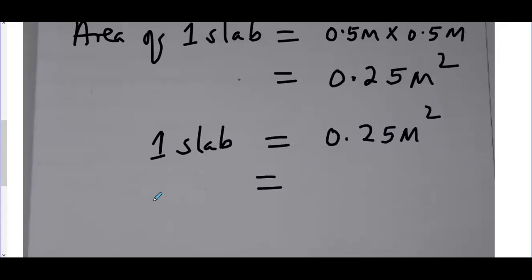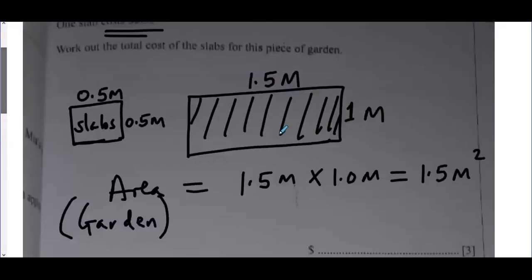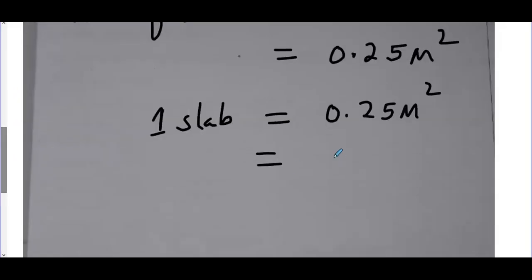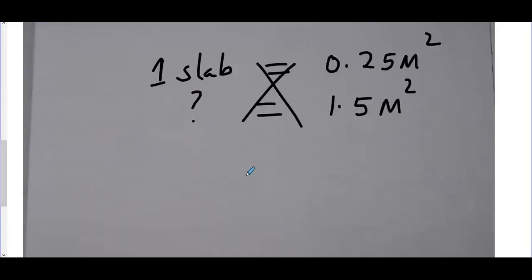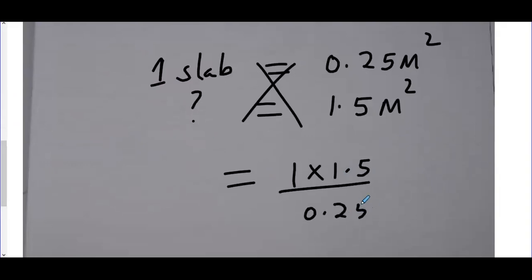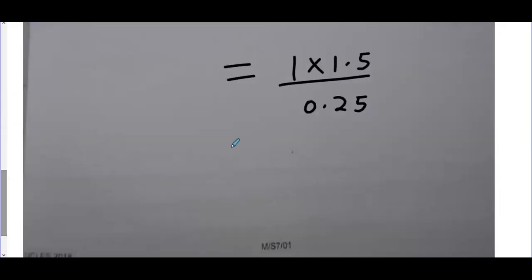So how about the entire area of the garden, which is 1.5 meters squared? It will be covered by how many slabs, okay? So cross multiply, this will give you 1 times 1.5. The answer you get, you're gonna need to divide by 0.25 so that you can know how many slabs will be there. So this will be 1.5 divided by 0.25.